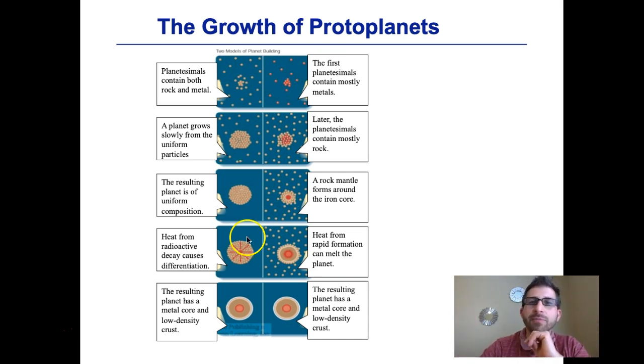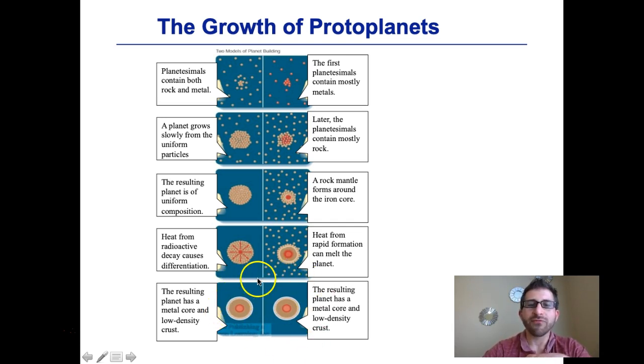The second possibility is that the first planetesimals contain mostly metals, then later planetesimals contain mostly rock, then a rock mantle forms around the iron core, then heat from the formation starts to partially melt the planet, and eventually you end up with a planet that looks identical.